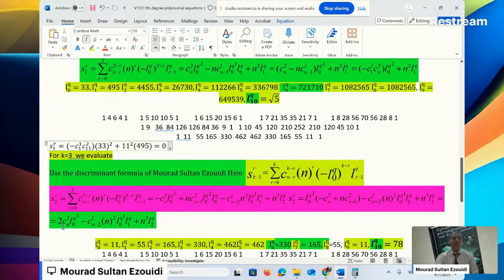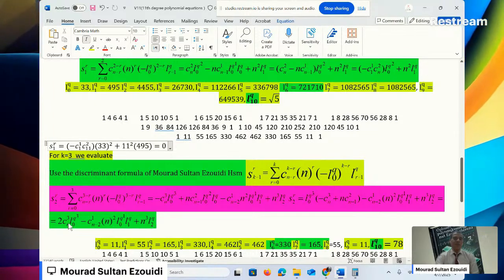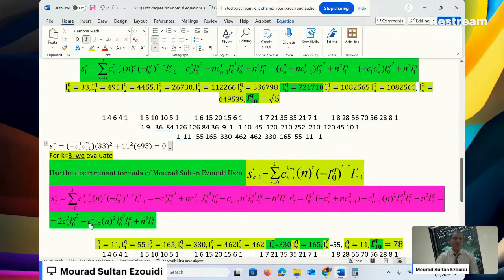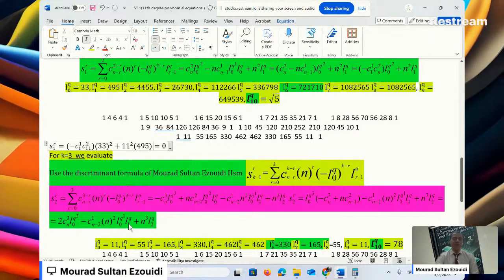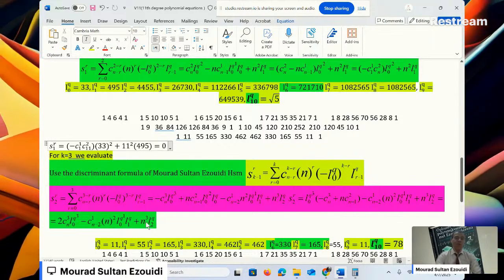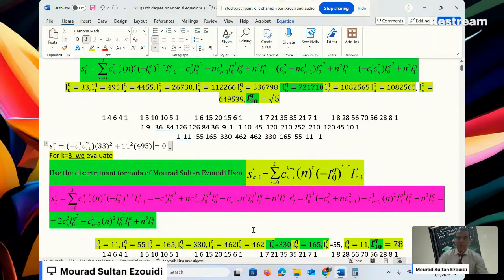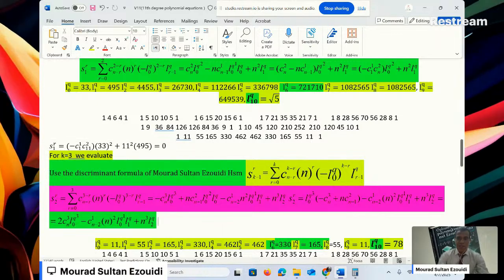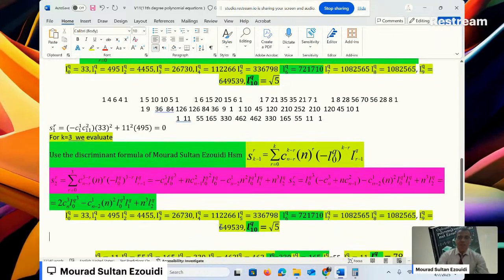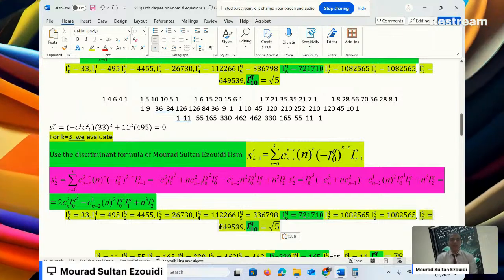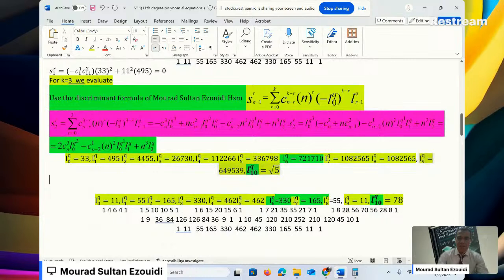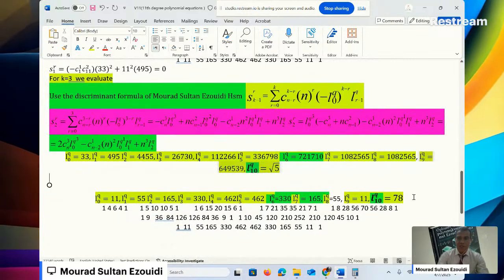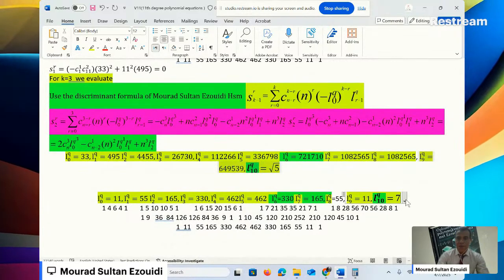S2 equals 2 times combination n choose 3 times n0 to the power 3 minus combination n minus 2 choose 1, n squared, n0 to the power 1 times n1, plus n cubed times n2. Here, my kids, I will write the coefficients of my original 11th degree equation.